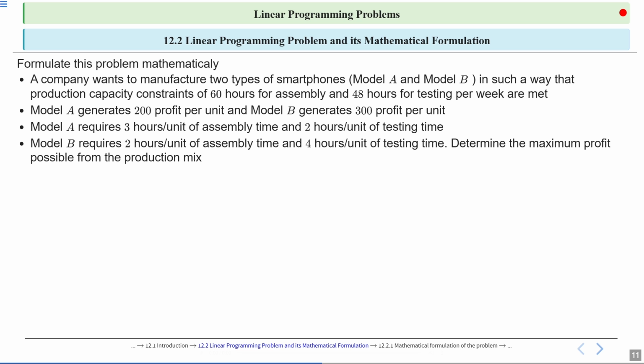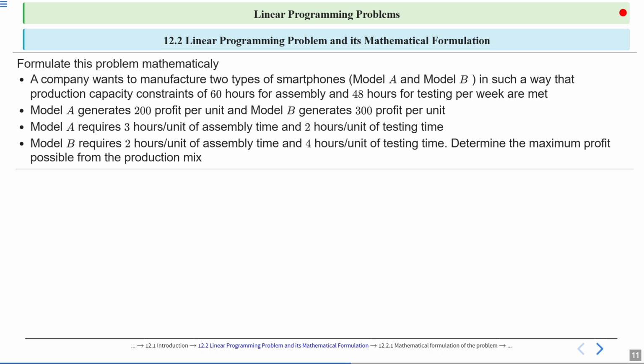Model A requires 3 hours per unit of assembly time and 2 hours per unit of testing time. Model B requires 2 hours per unit of assembly time and 4 hours per unit of testing time. We have to determine the maximum profit possible from the production mix.